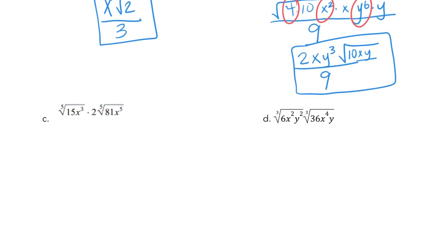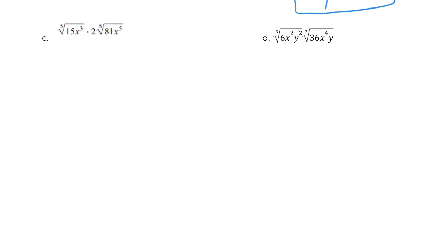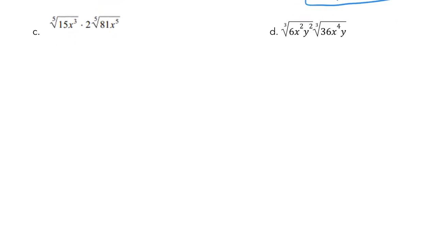Okay, so the same ideas apply when you're dealing with multiplication. So for this first one, there's a 2 in the front. I'm just going to pull that out here. And then the 5th root. I know that I need to break this down into things that are perfect fifths. Well, 15 is just 3 times 5.